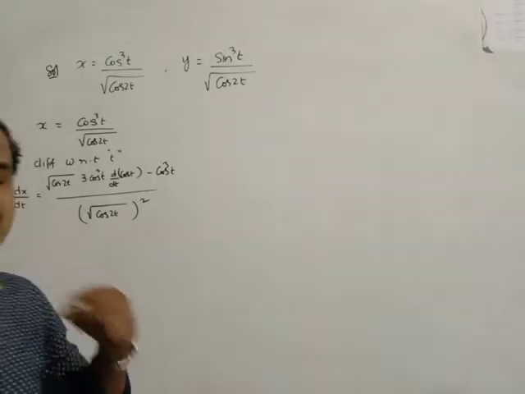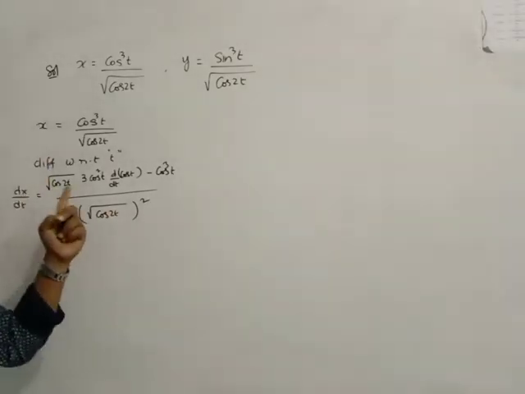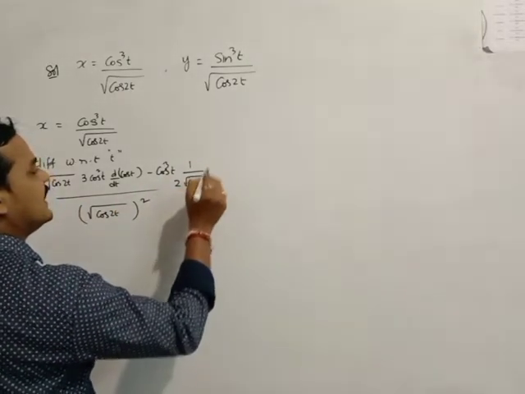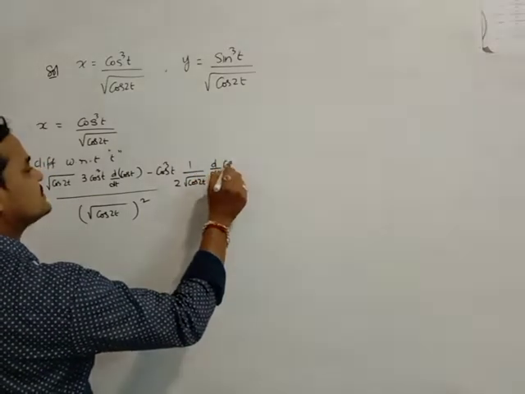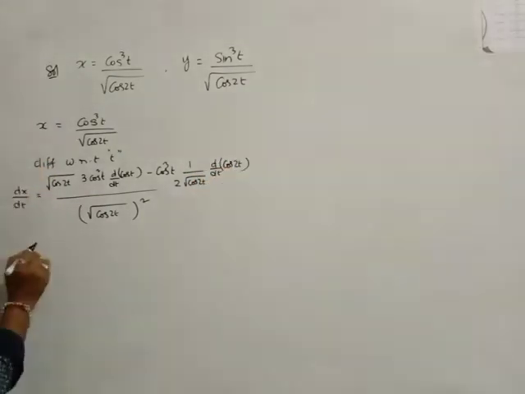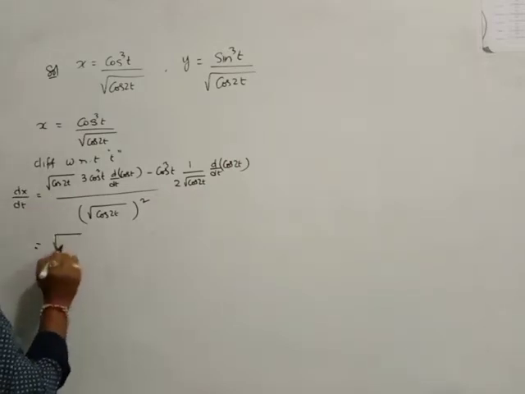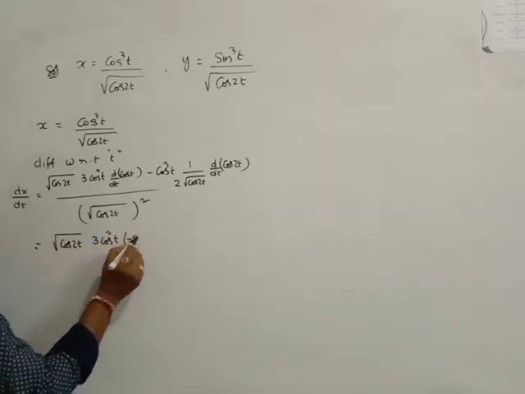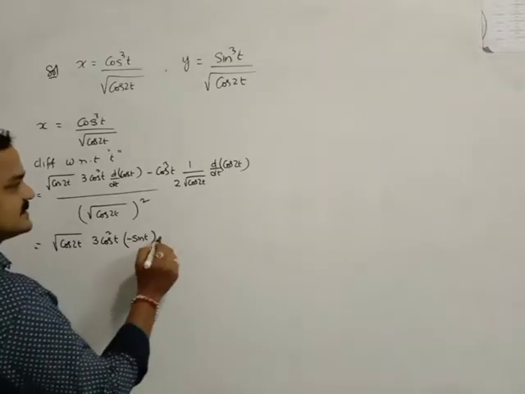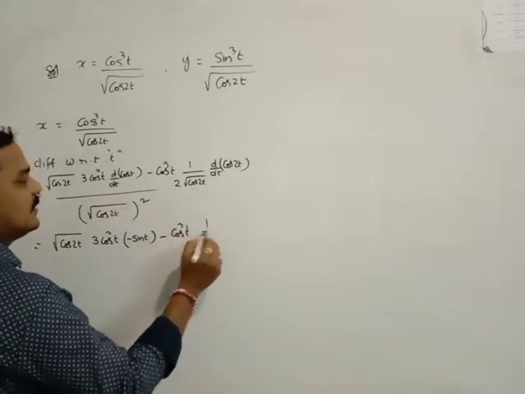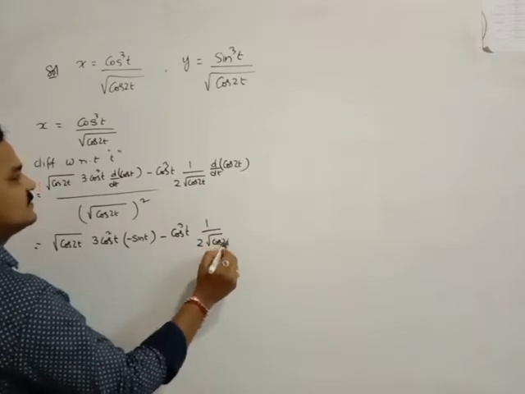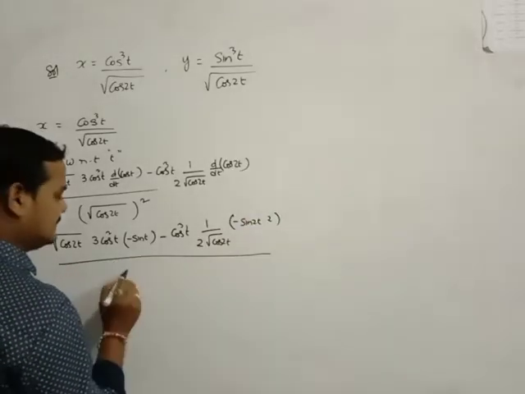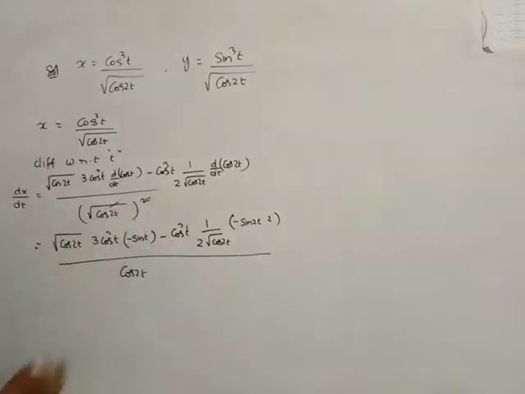The derivative of root cos 2t contains three functions. First is root, second is cos, third one is 2t. So the root derivative is 1 by 2 root cos 2t and d by dt of cos 2t. Finally, what you get is root cos 2t into 3 cos square t into minus sin t, minus cos cube t into 1 by 2 root cos 2t into the derivative of cos 2t, which is minus sin 2t into 2, by cos 2t, because the root and square cancel.